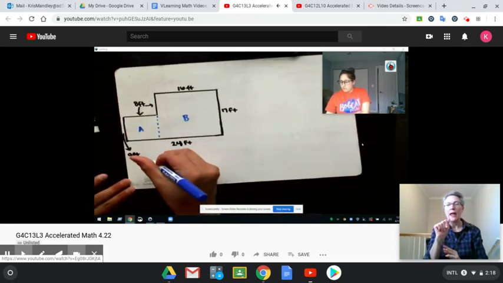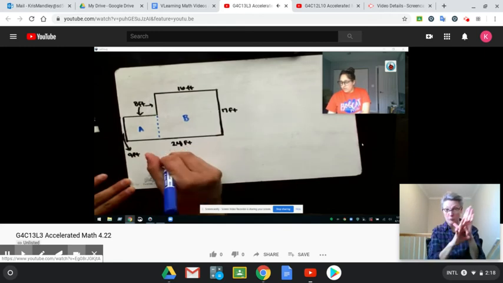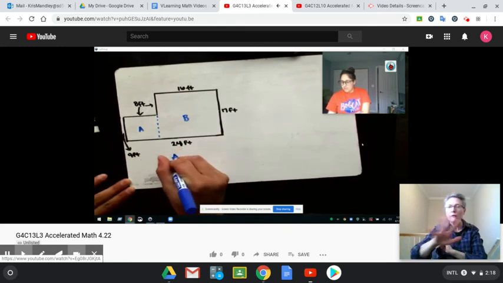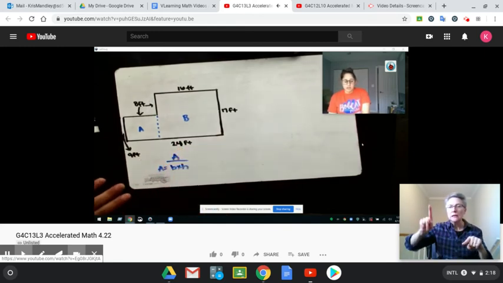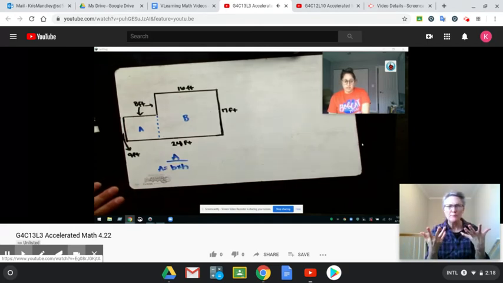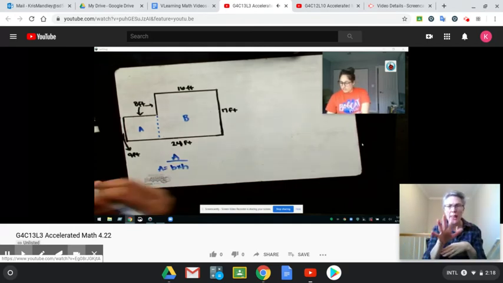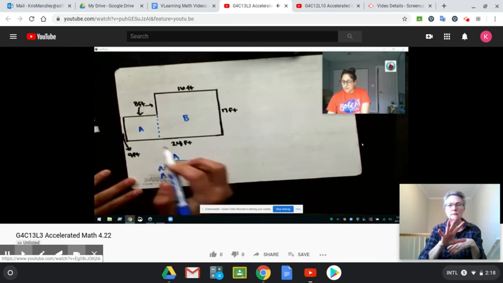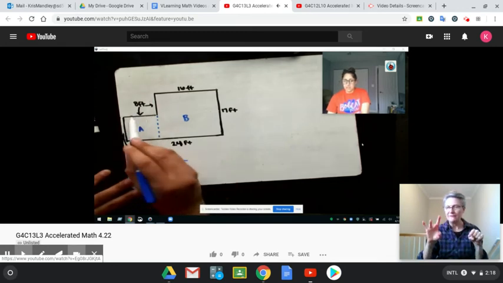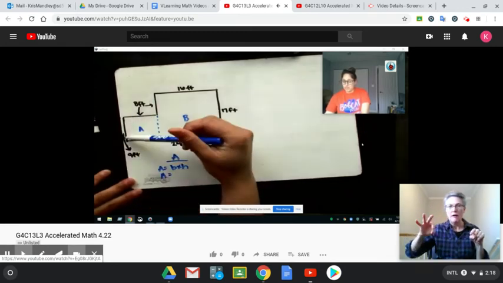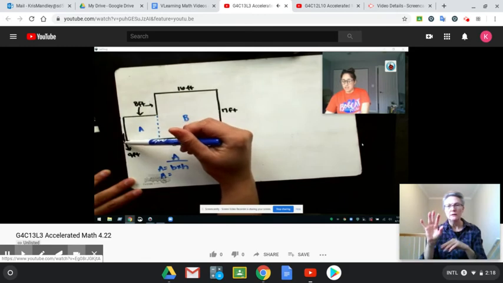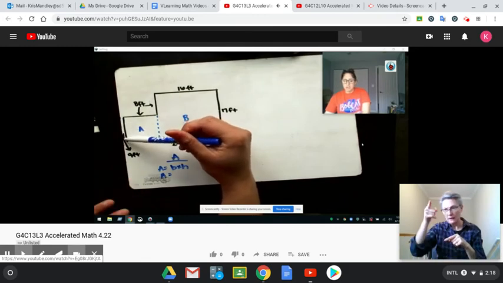So if I use my formula and find that area equals base times height, I can use that formula to help me, right? So in this case, I see that I have a base of 8 and then a height, so a perpendicular line segment to the next part of my figure, of 9.